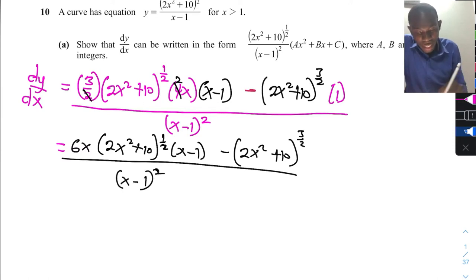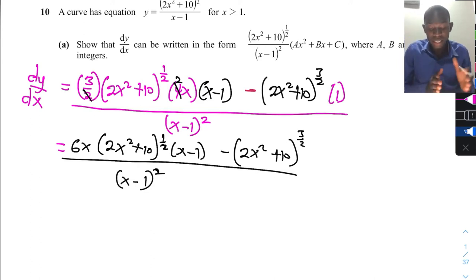But now if you study the question, they want us to have some 2 to the power half, and then this whole thing. So really, this is the derivative. We have differentiated it, but the question says that we should leave it in this particular form. That is why we are going through the headache to do it in another form. But on any given day, this is just fine.